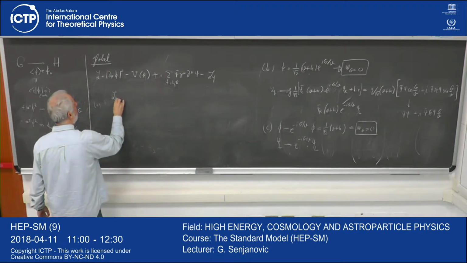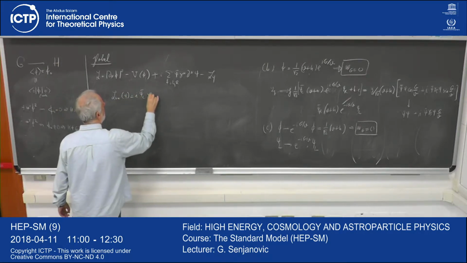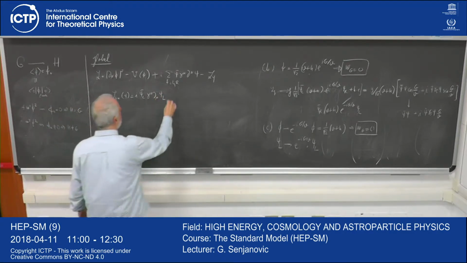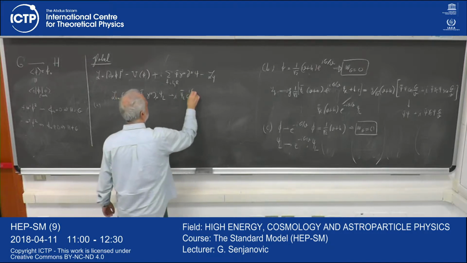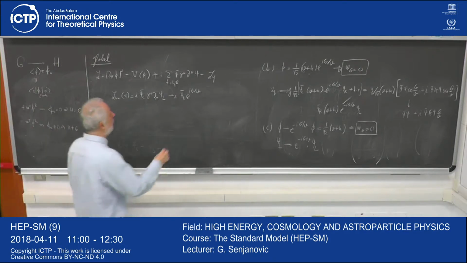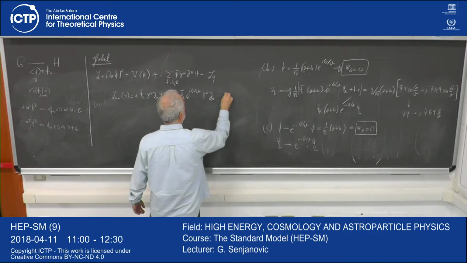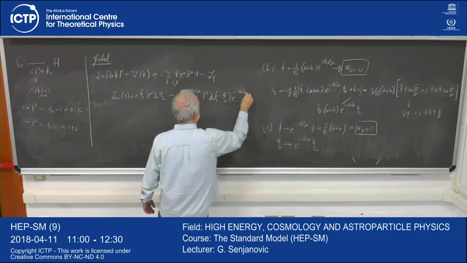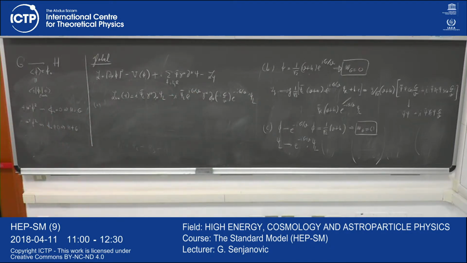In the kinetic energy of psi, there was i psi L bar gamma mu d mu psi L. Okay, this goes into i psi L bar e to the i g over v, gamma mu, d mu minus i d mu g over v, e to the minus i g over v psi L. You agree?